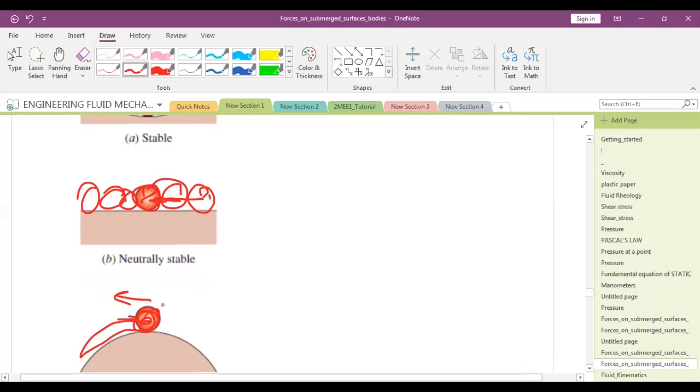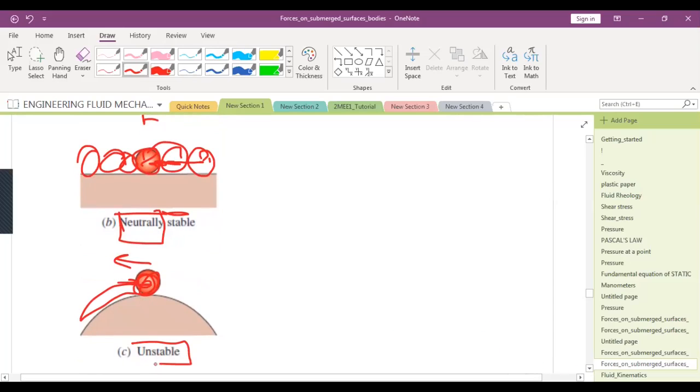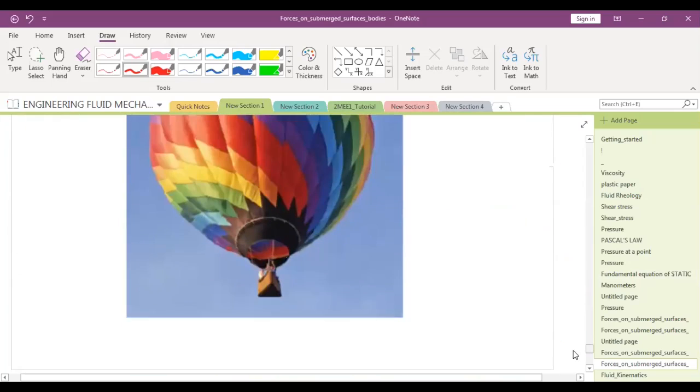So that is called unstable equilibrium. So all the three are cases of equilibrium, but we have to be careful about what is stable equilibrium, what is neutrally stable equilibrium, and what is unstable equilibrium. Any doubts to anyone? किसी को कोई भी doubt?